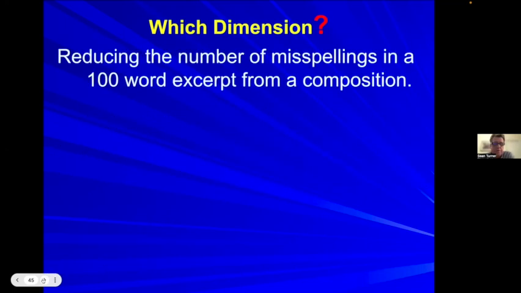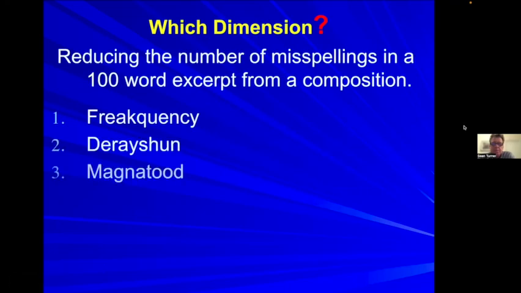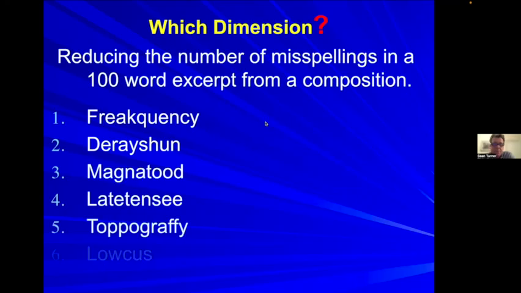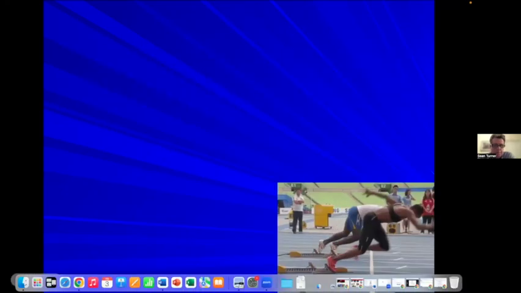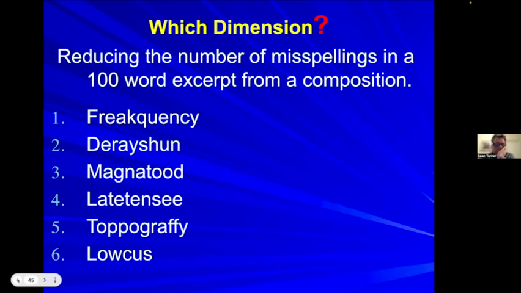Let's try another one. Reducing the number of misspellings in a 100-word excerpt from a composition. Let me go back here. I messed up here. Hold on. I think we changed to a different slide.